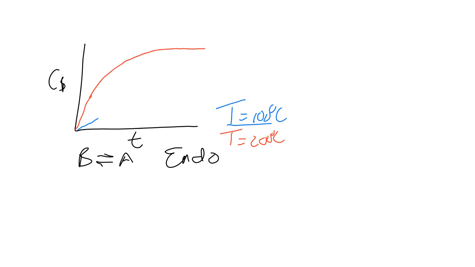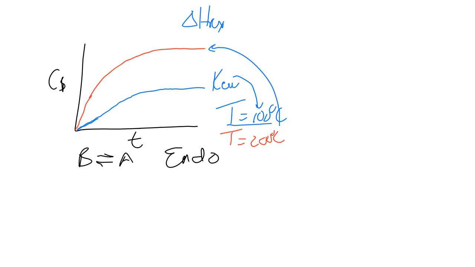And where will it go? It will go slowly nowhere. So I have a lower equilibrium constant at 100 degrees, and a higher equilibrium constant at 200 because my del H of reaction has a positive value for an endothermic reaction, and we are going to explore van 't Hoff to see how our equilibrium constant changes with temperature.